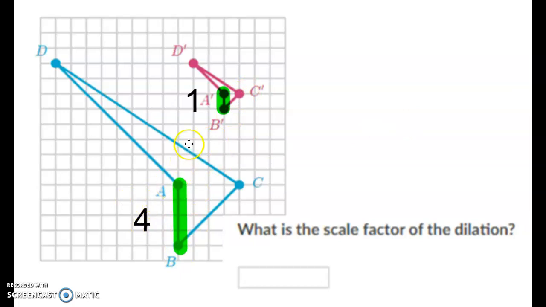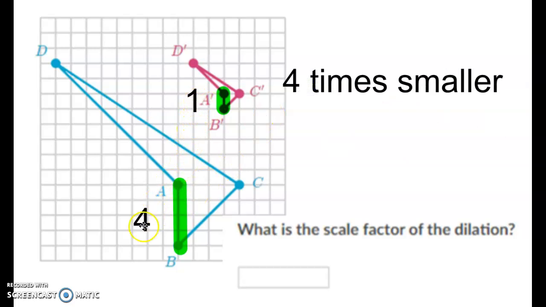It went from a 4 to a 1, or got 4 times smaller, or it's 1/4 the size, and we could put that in decimal form. 1/4 is 0.25. So what is the scale factor of the dilation? 4 times smaller, and your answer could either say 1/4 or 0.25. Both answers would be good.